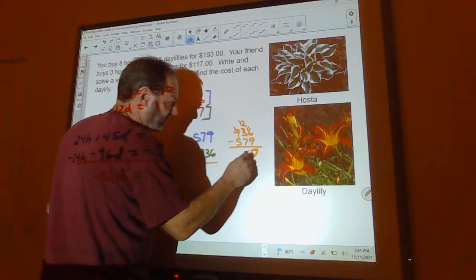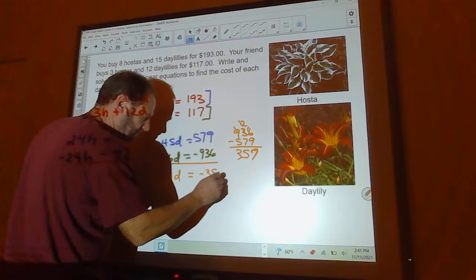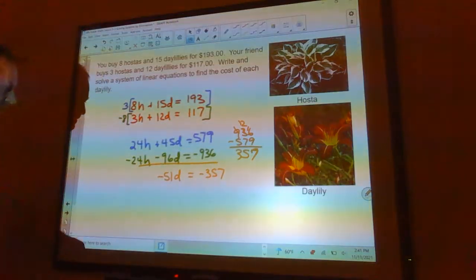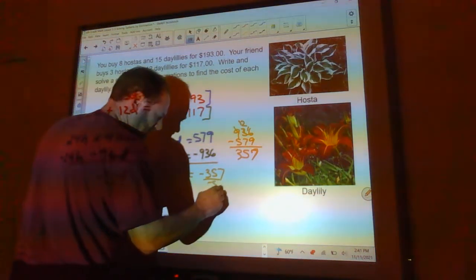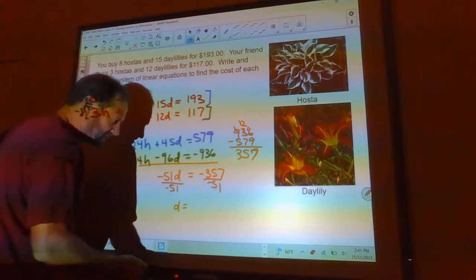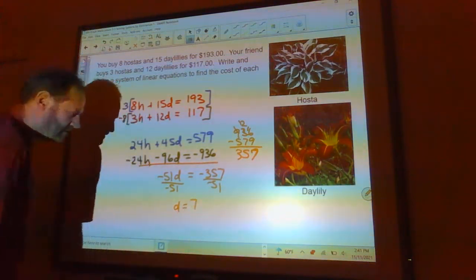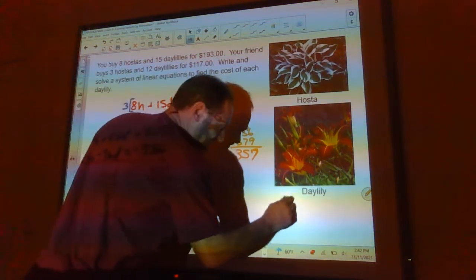That's going to be 5, 357, -357. Okay, so I divide by -51, and d comes out to be what, 7? 7. So daylilies apparently cost $7. Okay, so these are $7.